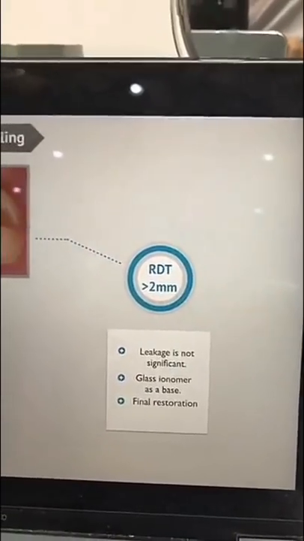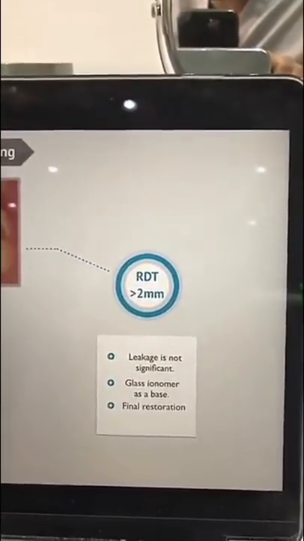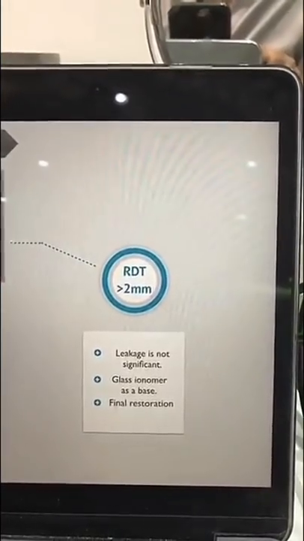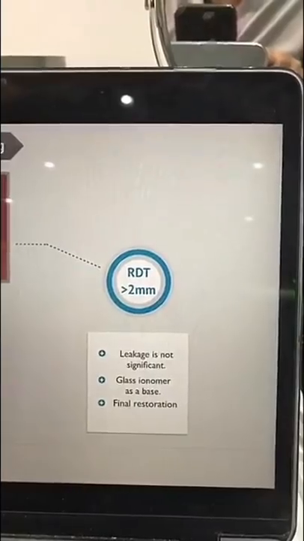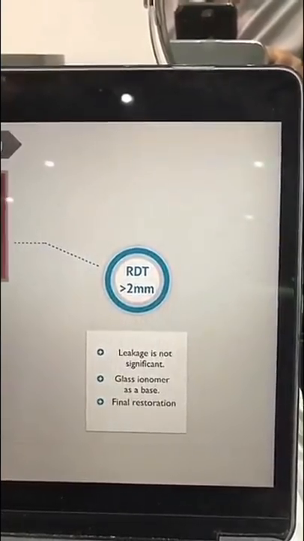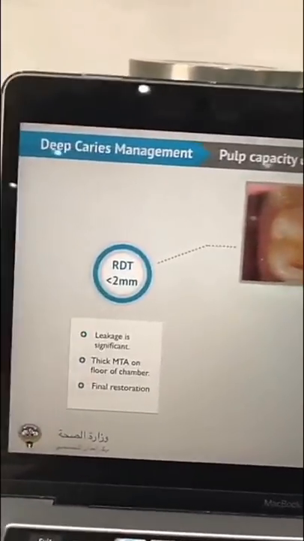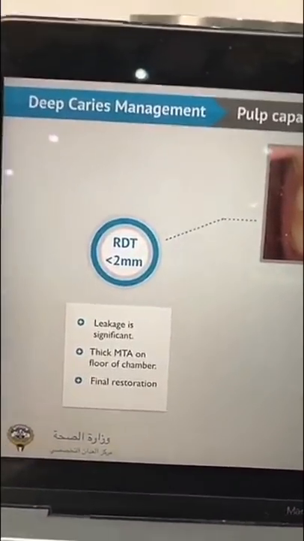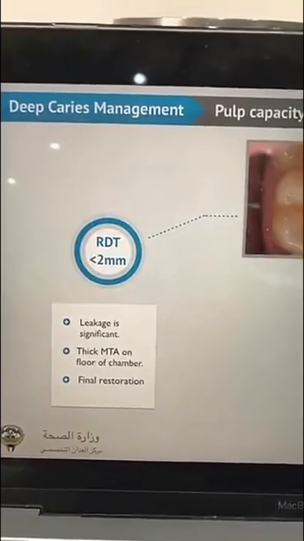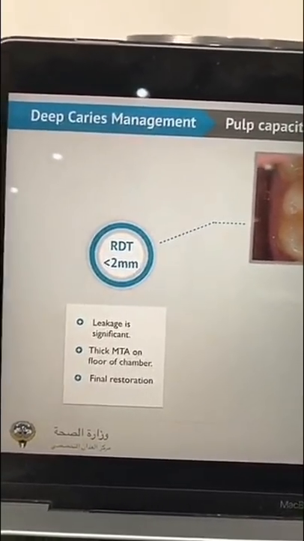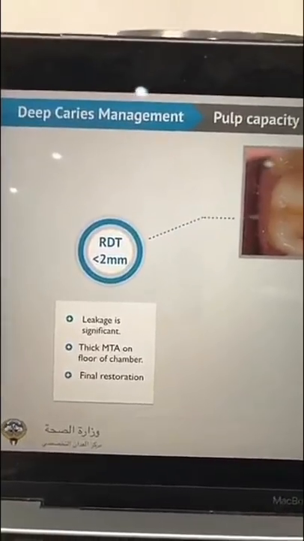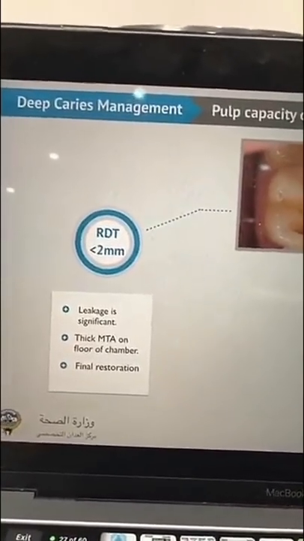If you think that the remaining dentin thickness is more than 2 millimeters, then leakage is not significant. Glass ionomer should be used as a base, and then you can put any restoration. However, if the remaining dentin thickness is less than 2 millimeters, then leakage is significant, and you should use at least 2 millimeters thick of MTA or bioceramic, and then you can do the final restoration.